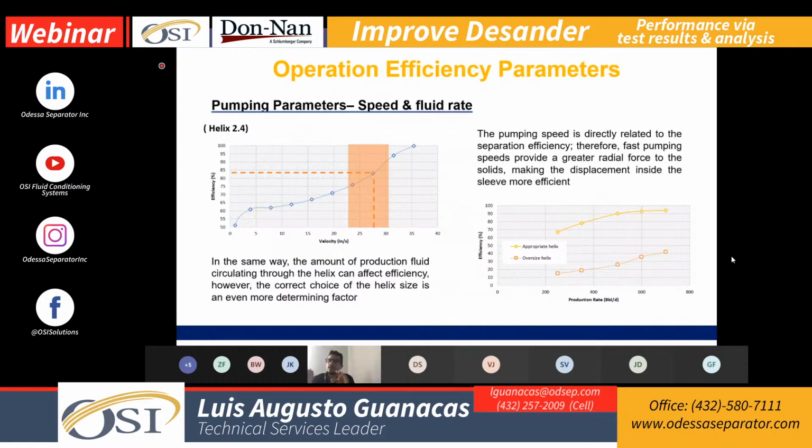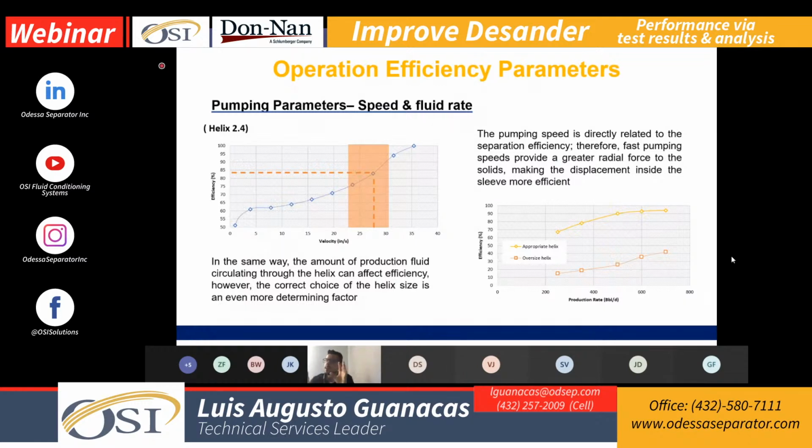The pumping speed has a direct relation with the separation efficiency. The higher the velocity, the greater the efficiency, right? So it's important for you to consider what your pumping speed is, check the solid size that you're producing, and then play with the helix size, which is the graphic on the right side.